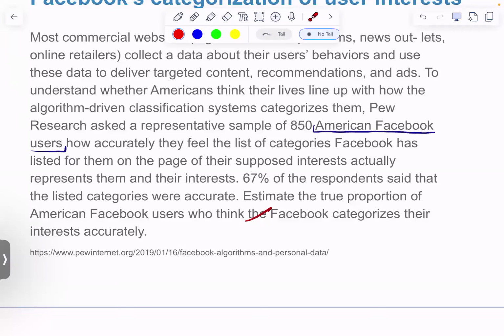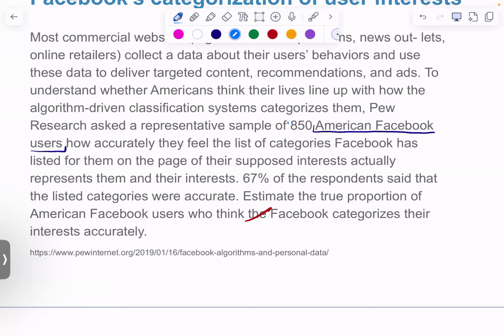Now, we need to snag some information, but what's nice about one sample proportions is there's not a lot of information that we need in order to answer these questions. But we are given some pieces of information here.